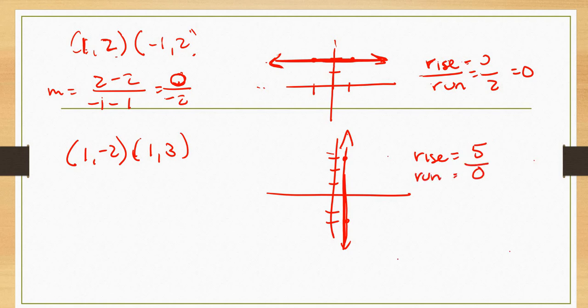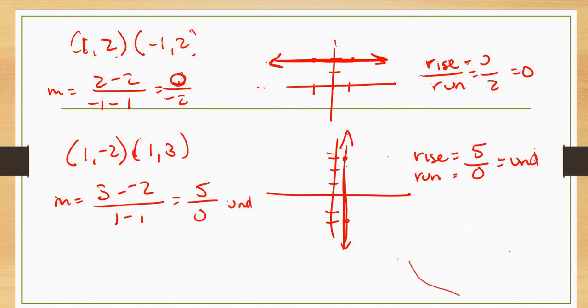I do not go right and left at all. 5 divided by 0 is undefined. Let's do it algebraically. y minus y over x minus x gives me 5 over 0, undefined. So when a slope is undefined, I have a vertical line.